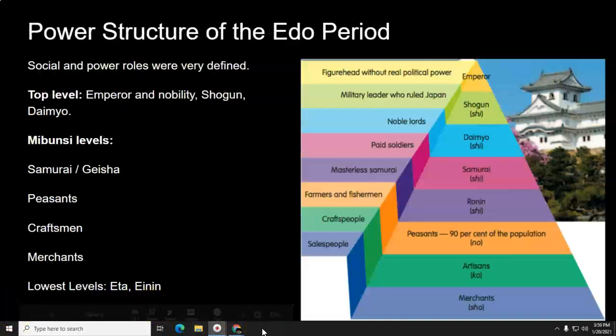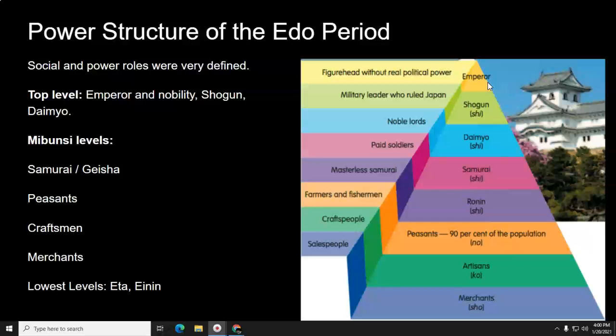So the power structure, the social structure of the Edo period, very defined. The top levels had to do with the emperor, the nobility, the shoguns, and the daimyos. At the very top is the emperor, and this is a hereditary royal family. But they didn't really have any political power. They were kind of like the Queen of England is right now.